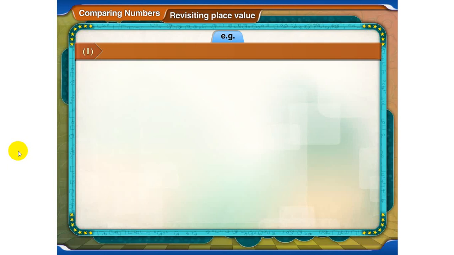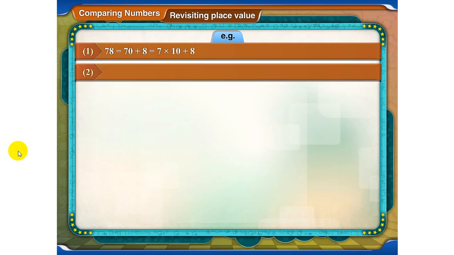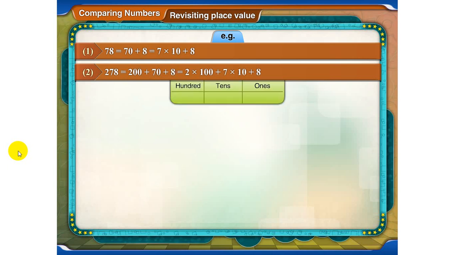Example 1. 78 is equal to 70 plus 8, that is equal to 7 into 10 plus 8. 2. 278, that is equal to 200 plus 70 plus 8, which is equal to 2 into 100 plus 7 into 10 plus 8. Here, 8 is at 1's place, 7 is at 10's place, and 2 is at 100's place.